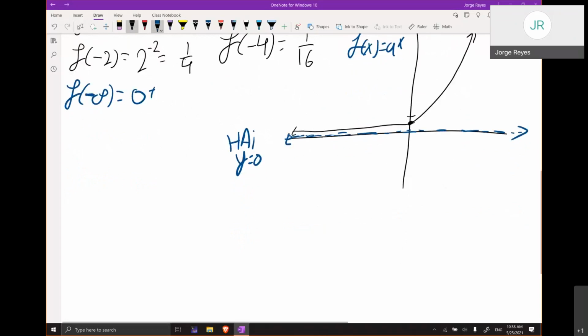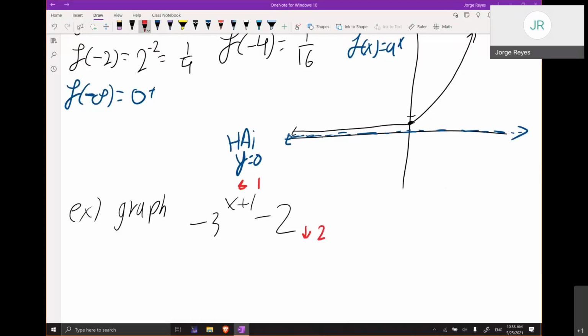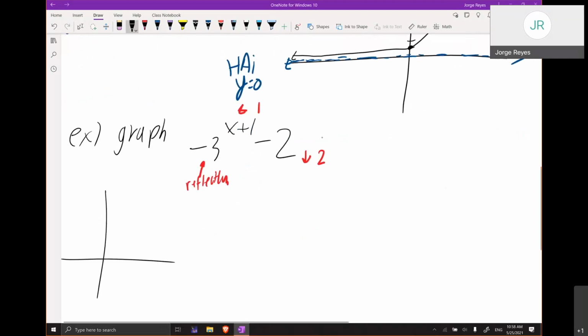Now we can combine this new graph with what we learned from chapter 2. If I ask you to graph something that looks like this, you should be able to do it automatically. You should be like, oh, this means go down 2. This means go left 1. This means reflection. So this is what 3 to the power x looks like. This is what happens when I reflect it.